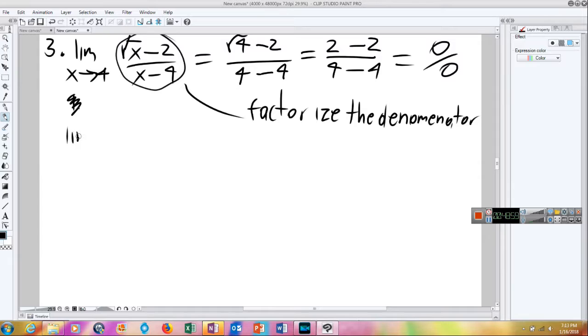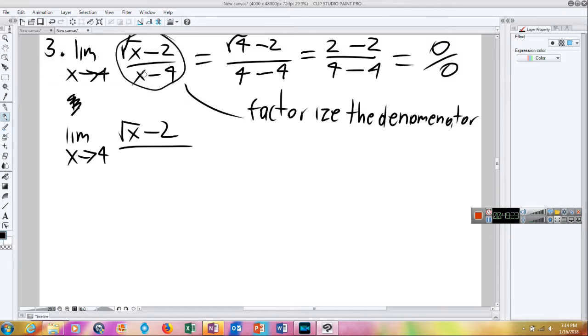So we're going to start from the beginning. Limit as x tends to 4 for the function square root of x minus 2 over, you remember what we did earlier with the x squared minus 16? We're basically going to break this down further.